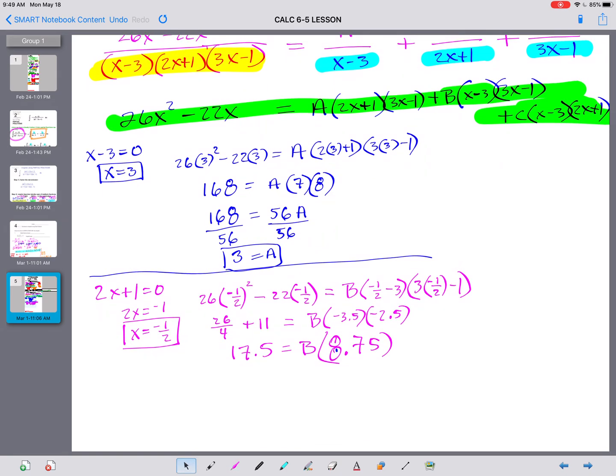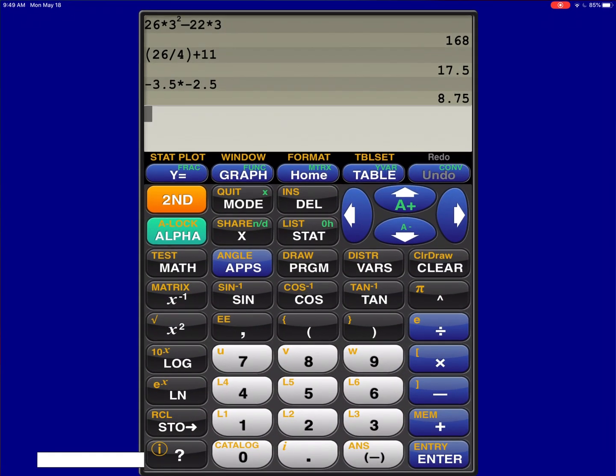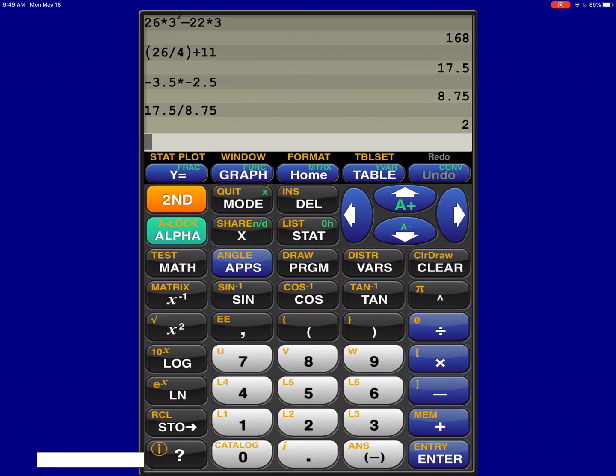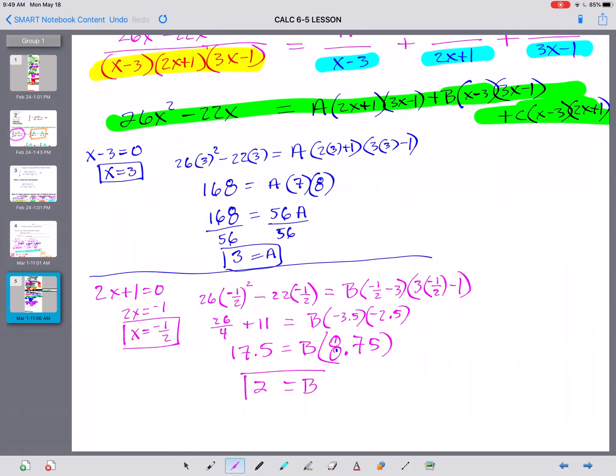Divide by 8.75. 17.5 divided by 8.75 is 2. B equals 2.